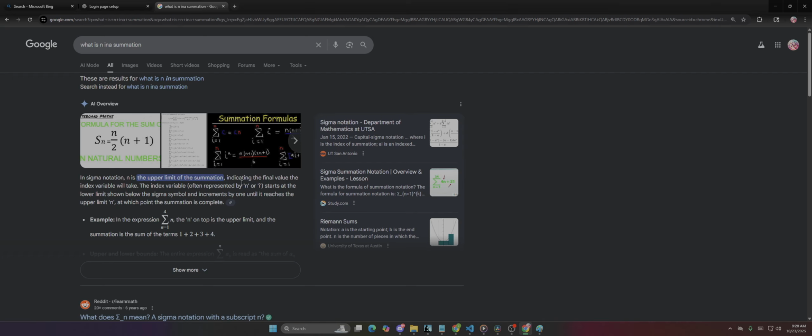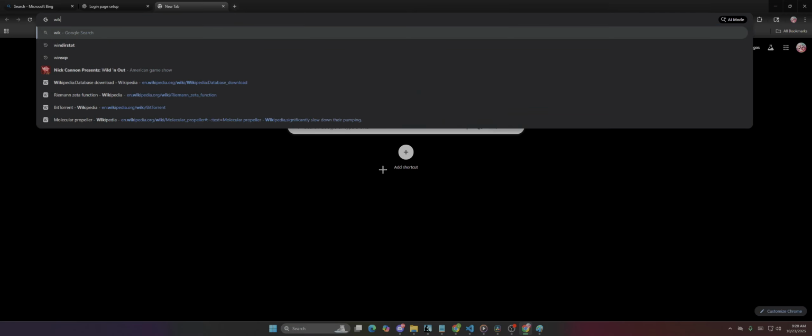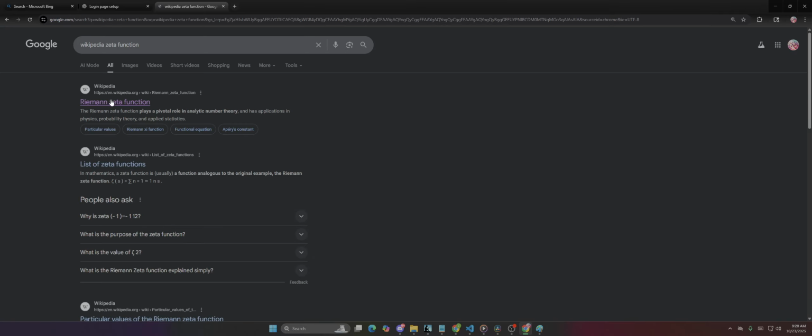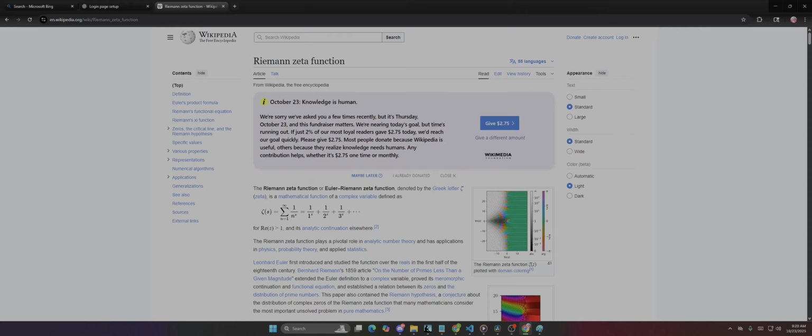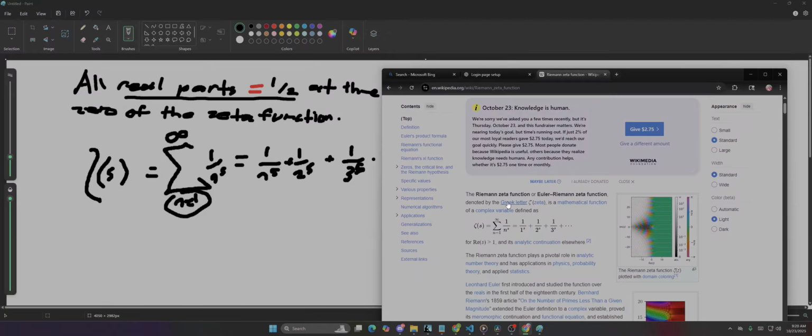Oh, lower limit. Okay, lower limit. So upper limit, lower limit. Easy to remember. And if I fact check myself, yeah, I was right. It's a very easy function to remember, but still very interesting.